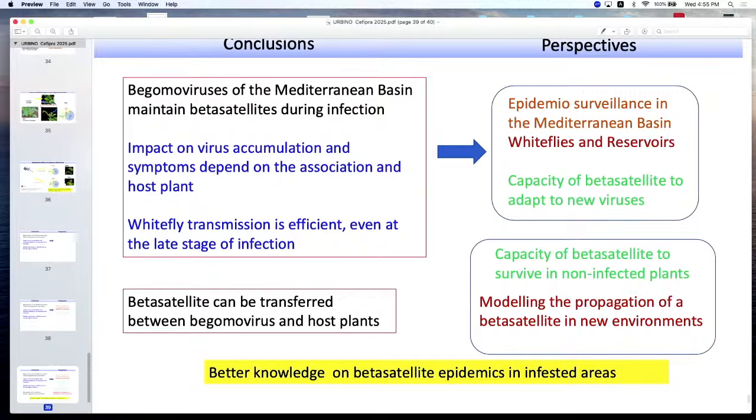We don't have this information. This is what we are interested in. Maybe if there are some, it could help to develop models and have better knowledge of the disease, of the risk that we may have in the next few years.